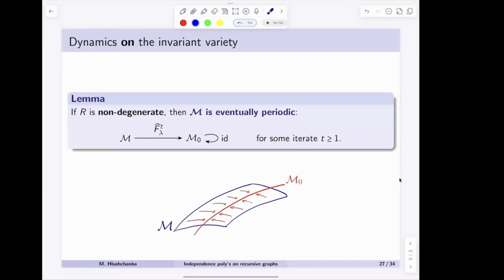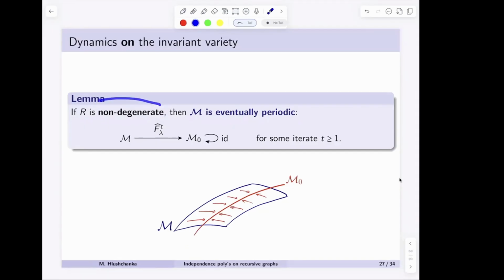On the invariant variety, if we have the extra condition that the recursion is non-degenerate, meaning the vertex degrees do not blow up under iteration, then the manifold is eventually periodic. After passing to some iterate, there exists some sub-manifold to which we collapse.